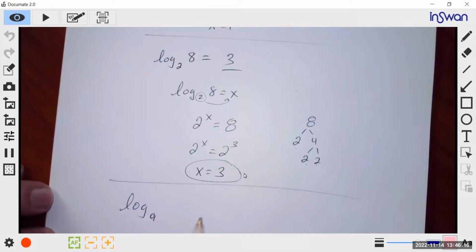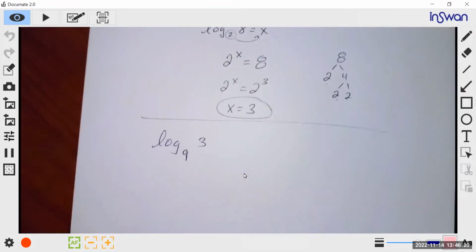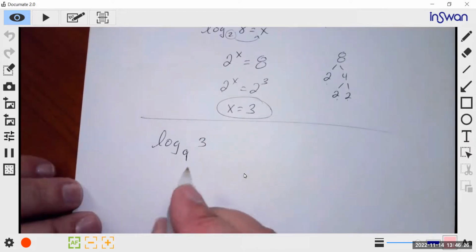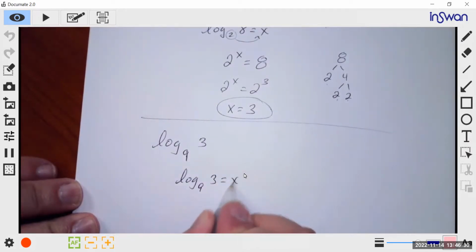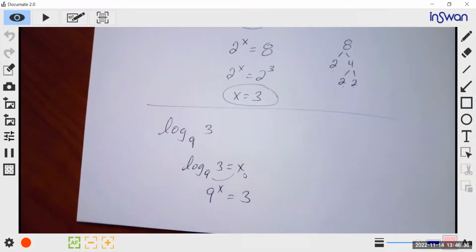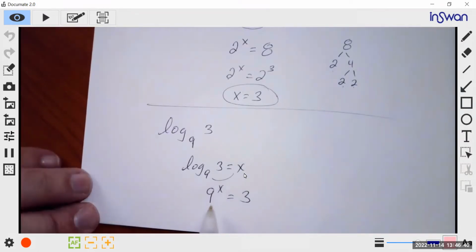Log base 9 of 3. So we have 9 to the X equals 3. Right, so 9 is the same thing as 3 squared.